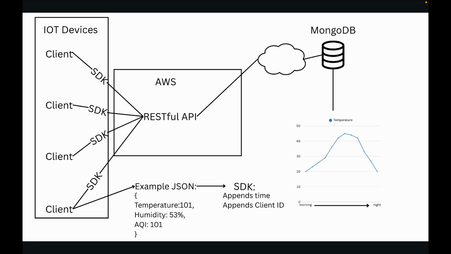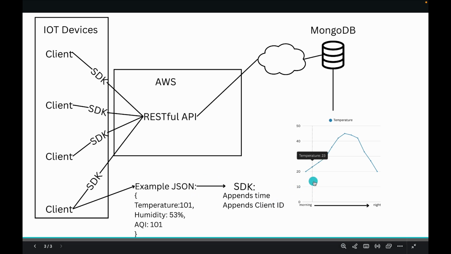The MongoDB server will then store all the data from all the different clients, and later you can use a tool inbuilt with MongoDB called MongoDB Atlas Charts to make charts or graphs with the data.